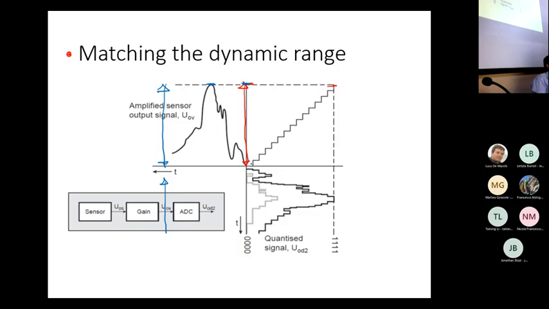The A to D converter input-output characteristic may be modeled like this stair function. We convert this input here, for example, to this value, and so on.